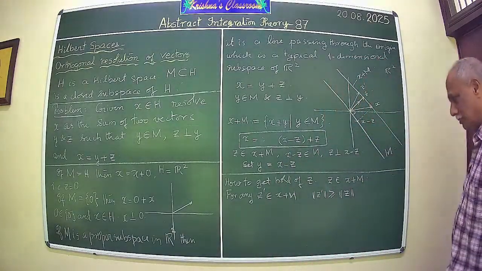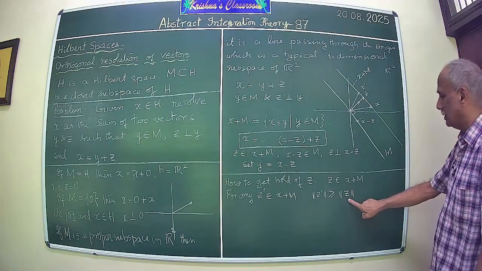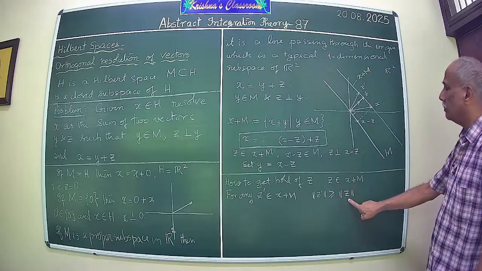So z should be a vector such that its norm is minimized.